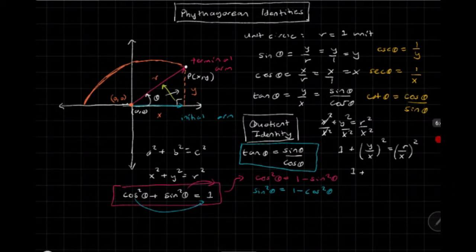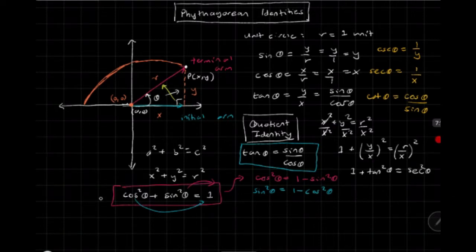So 1 plus y over x in this case is basically tan theta, right? So now it's tan squared theta is equal to r over x, and we can notice that r in this case is 1, so 1 over x here is basically secant squared theta. Okay, so this is going to give us secant squared theta.